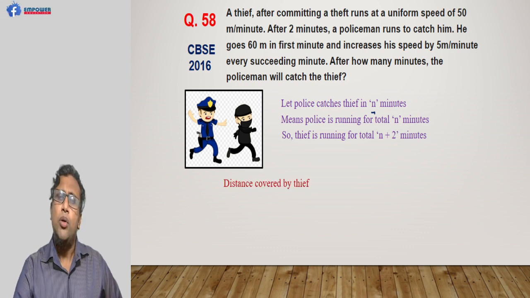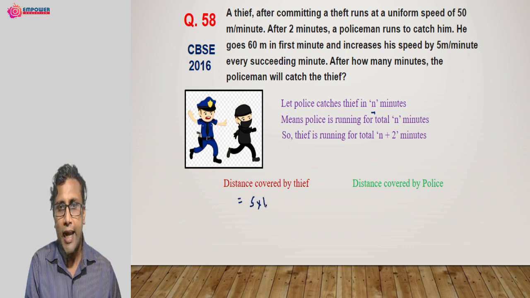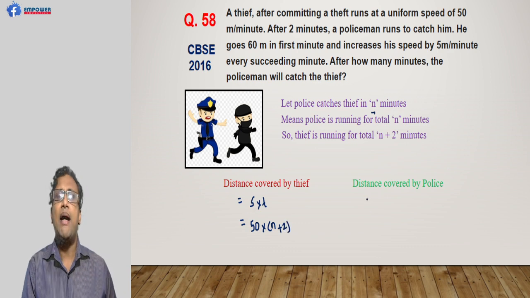Okay. So let's say the distance covered by the thief and the distance covered by the police. Let's calculate this too. I know the formula for the distance covered by the thief, that is speed into time, right? We have seen this in the previous slide. So the speed, the thief has a uniform speed, that is 50, into time, n plus 2, good. Then the distance covered by the police.